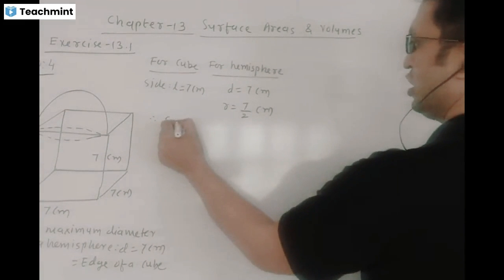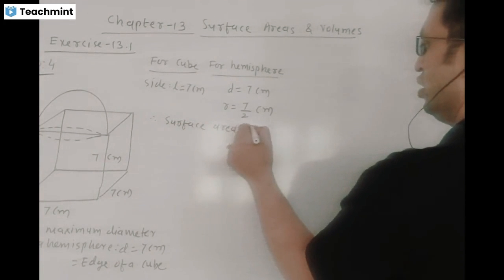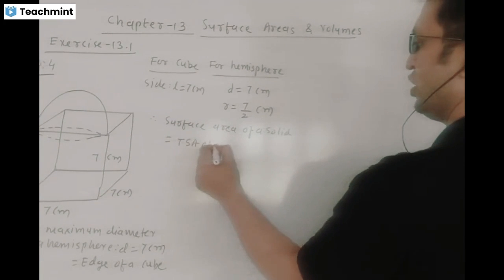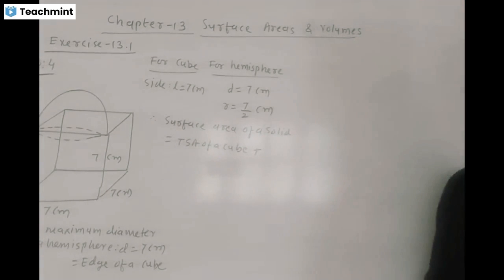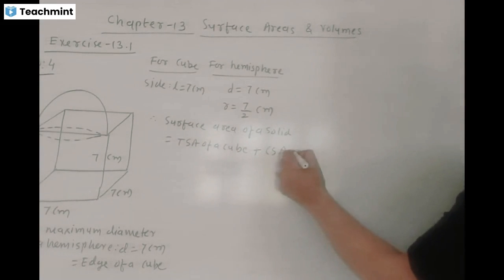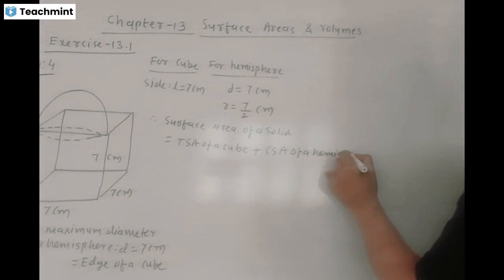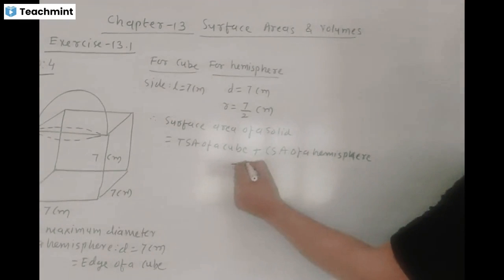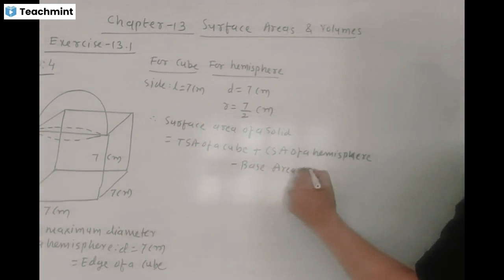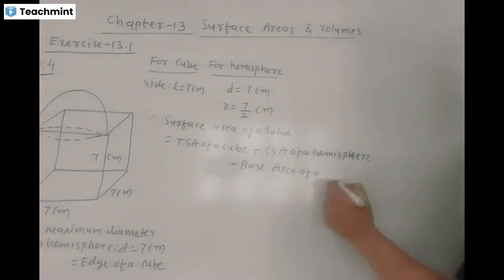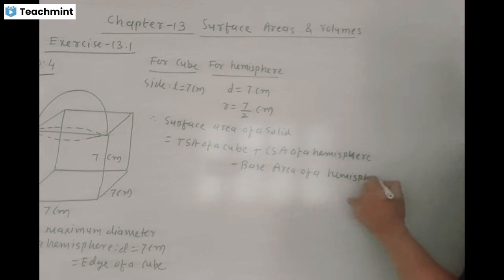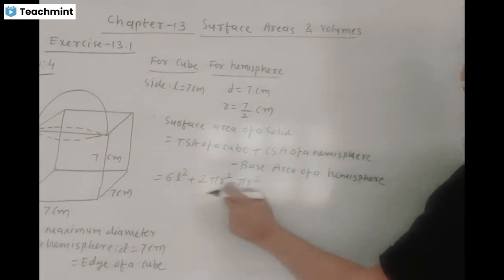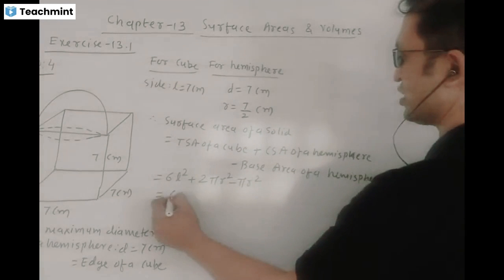Therefore, surface area of the solid is equal to the total surface area of the cube plus the curved surface area of the hemisphere minus the base area of the hemisphere. That is 6l squared plus 2 pi r squared minus pi r squared, which is equal to 6l squared plus pi r squared.